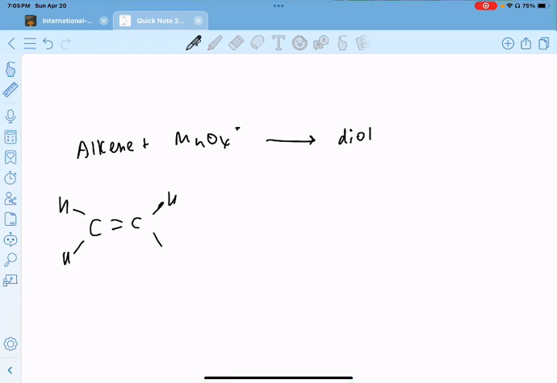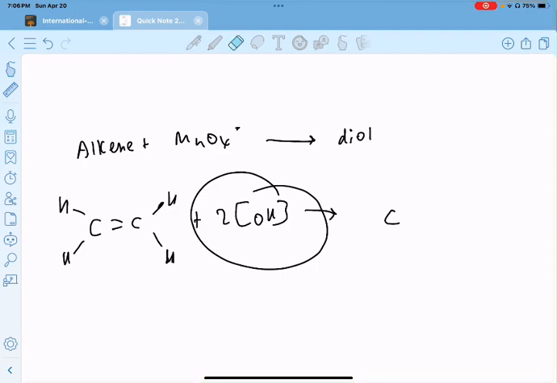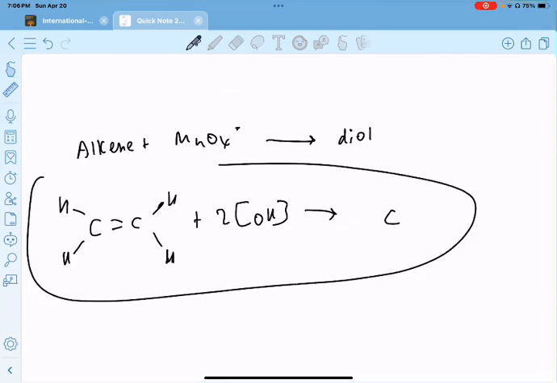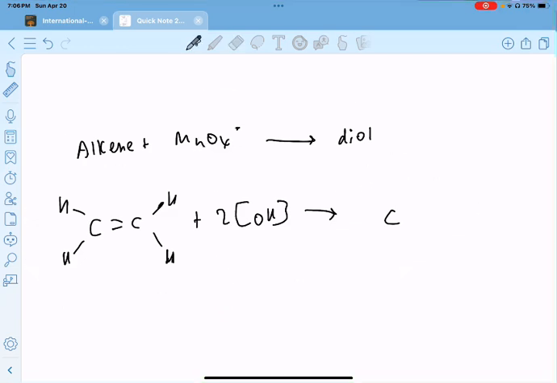We're using the simplest example. But yeah, just figure out how to move it around, okay? Plus 2 OH. You will form this. This is what KMnO4 gives you. This is not KMnO4, but it's what KMnO4 gives, okay? So again, if you're told to write the reaction between alkene and potassium manganate(VII), don't write this, write this.